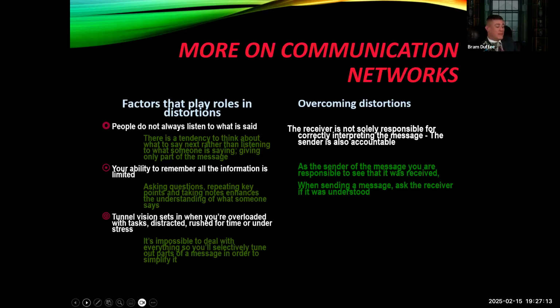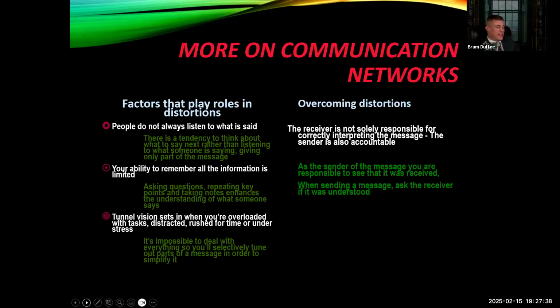Like if you're in a meeting, you might tune out something because you're thinking about how to respond to a question that's being asked, or you might miss an important update about next steps because your mind is taken over by some other topic. So, not fully listening is one key factor.